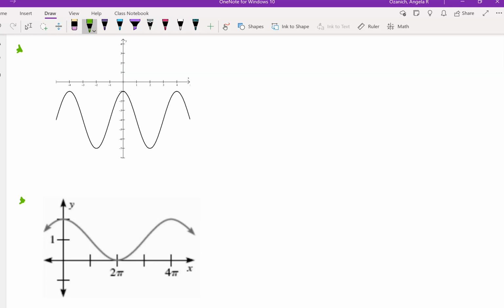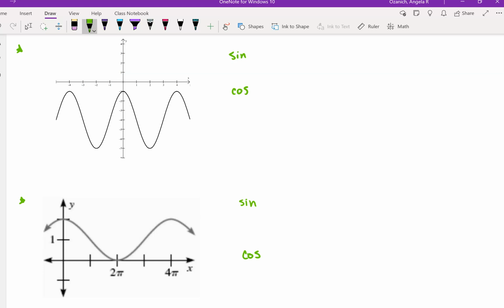And why don't we try to write these in terms of sine and cosine? So first write this equation in terms of sine and cosine, and then come down here and write this equation in terms of sine and cosine, and just do your best.